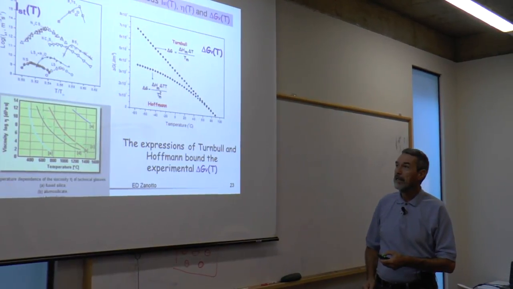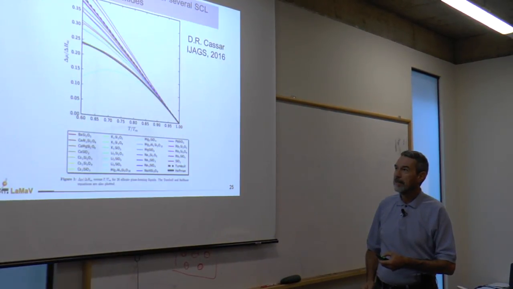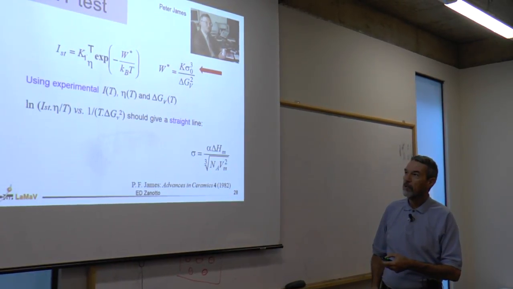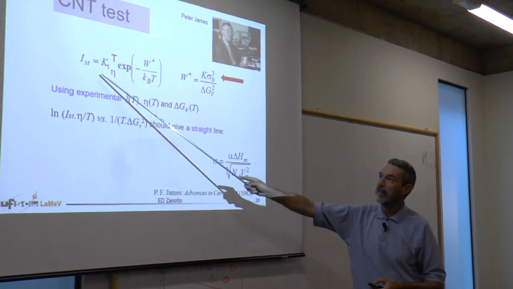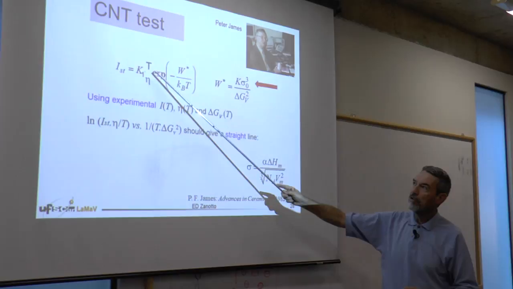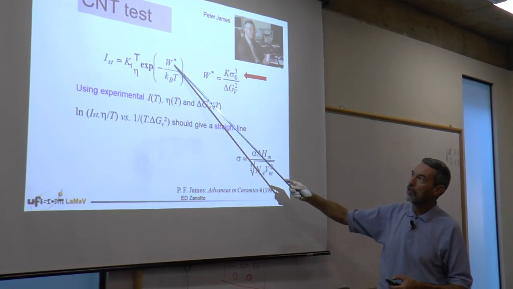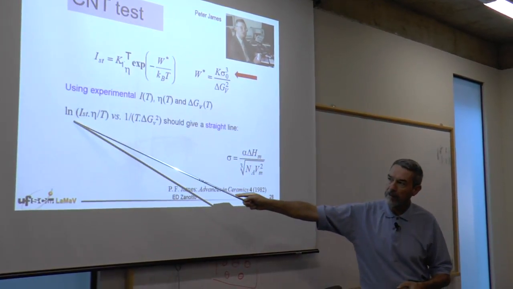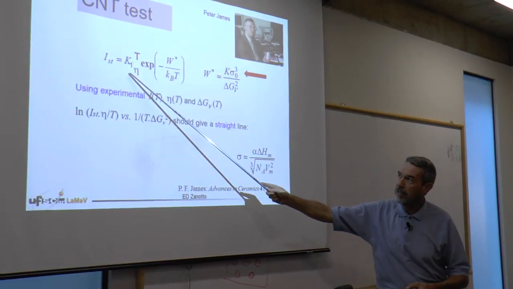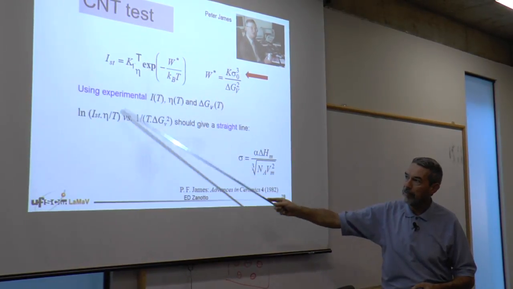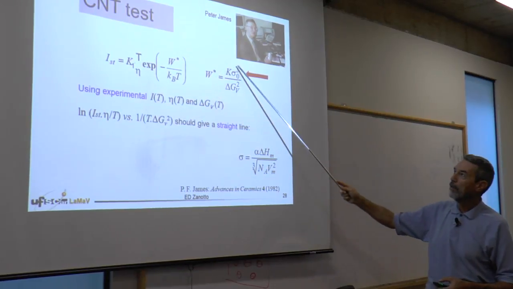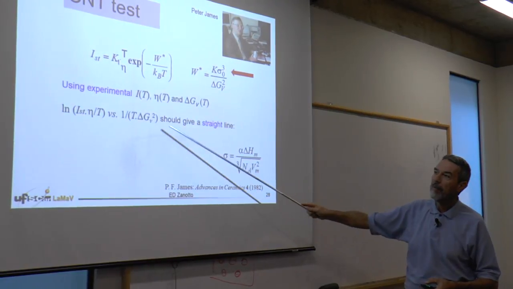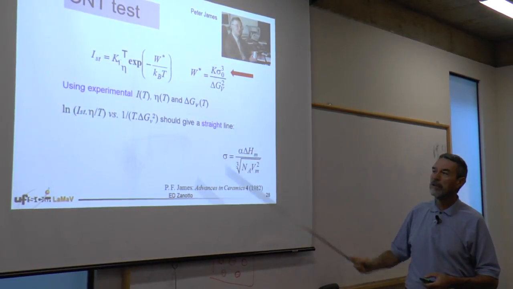So a way to test the theory is then to rewrite the nucleation rate expression as a function of the viscosity and W star. And then if we take logarithms of I_ST times eta divided by T versus 1 over T delta G square, if the theory is good, this plot should yield a straight line.